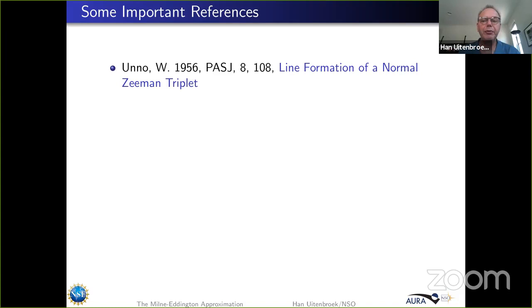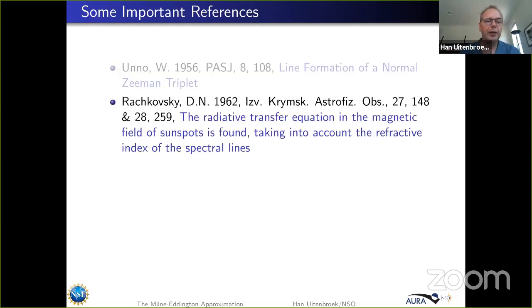So some important references. The first time that this came up, namely that you can solve the line transfer for polarized radiative transfer in the solar atmosphere in an analytical way by the assumption of having constant properties with height, was made by Unno in '56. It's certainly a paper worth reading.